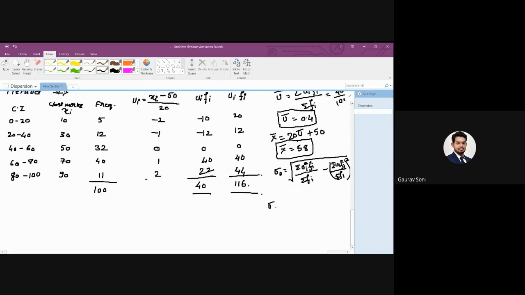So sigma u is equal to under root summation ui square fi, 176, divided by summation fi, which is 100, minus 0.4 square.